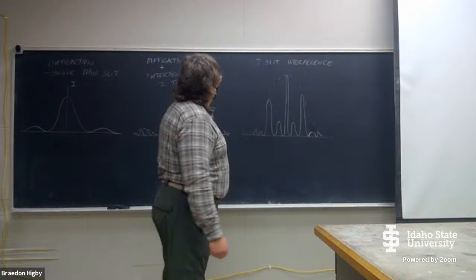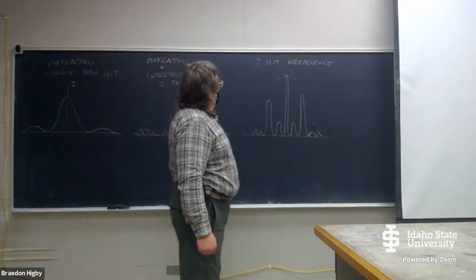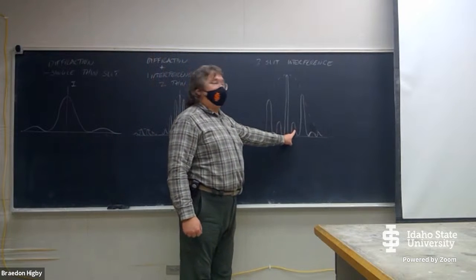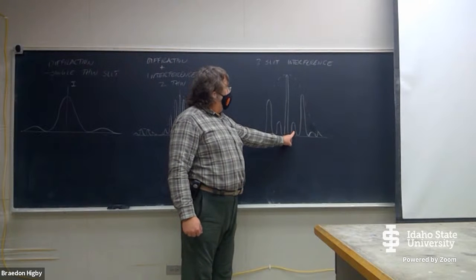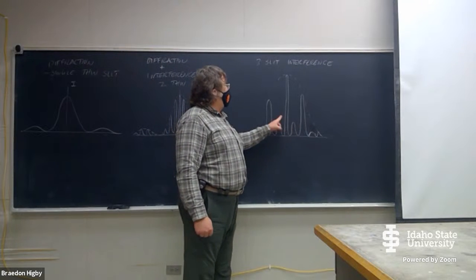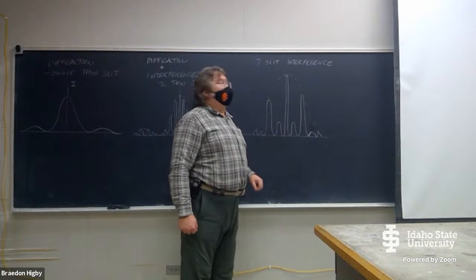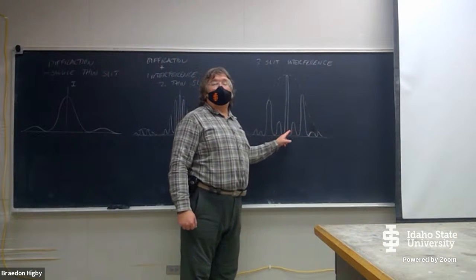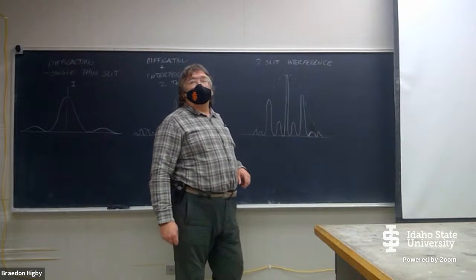And if we went to four slits, we would have two dimmer spots between each brighter peak. And if we went with five, we'd have three little dimmer spots between each.